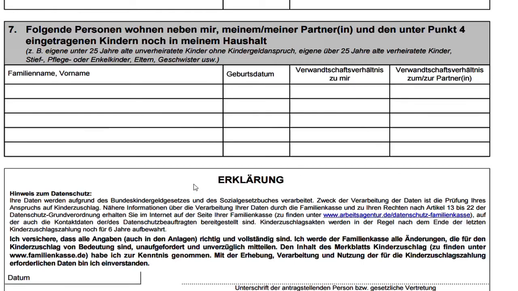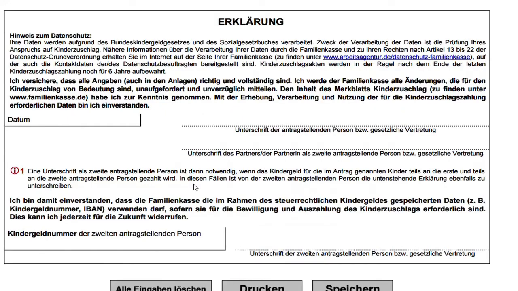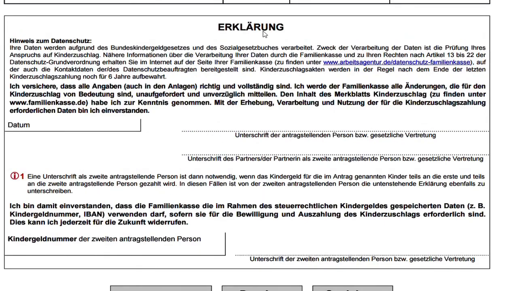In this part, there is an explanation about your data protection, and they have mentioned that your data will be processed on the basis of the Federal Child Benefit Act and the Social Security Code. The purpose of the processing of the data is to check your entitlement to the child allowance.